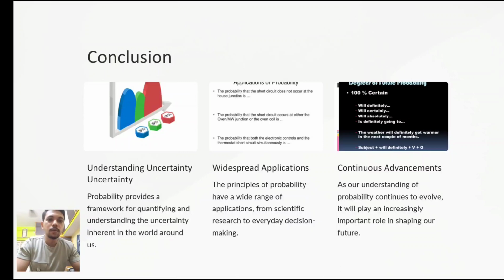The widespread applications, the principles of probability have a wide range of applications from scientific research to everyday decision making. And continuous advancements, as our understanding of probability continues to evolve, it will play an increasingly important role in shaping our future.